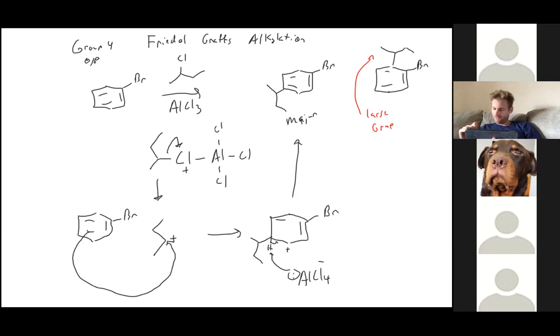We get this interaction where these two are going to repel each other. Adding it here is going to be a lot easier than adding it to this position, so that makes the major product form specifically on our para position. That wasn't the case so much before because we were just adding things like Br and Cl. They're much smaller.